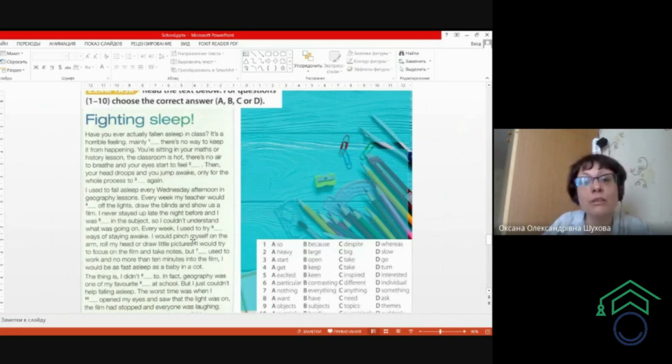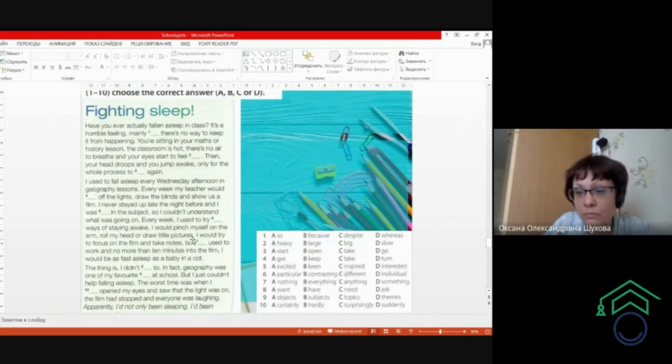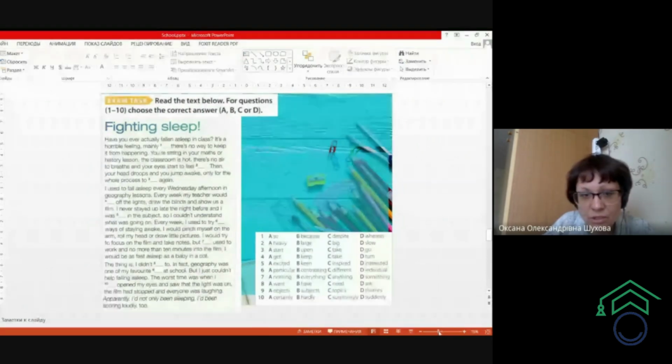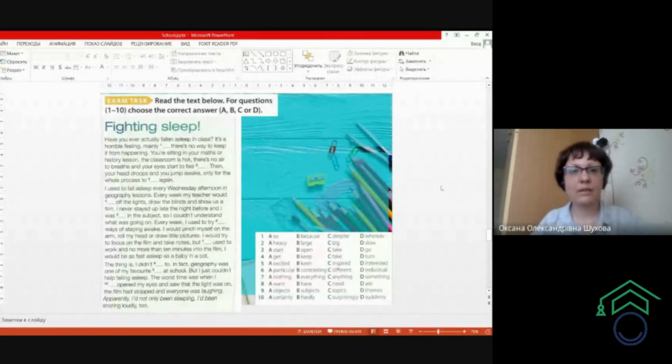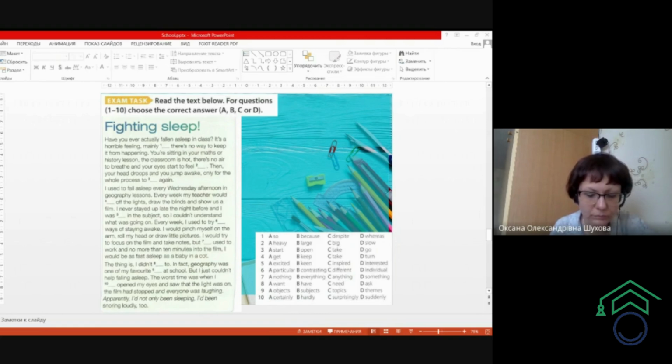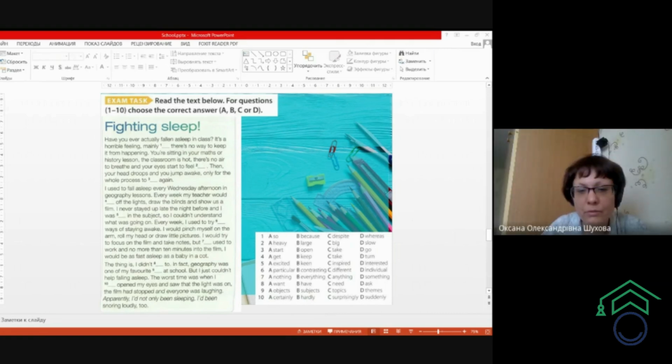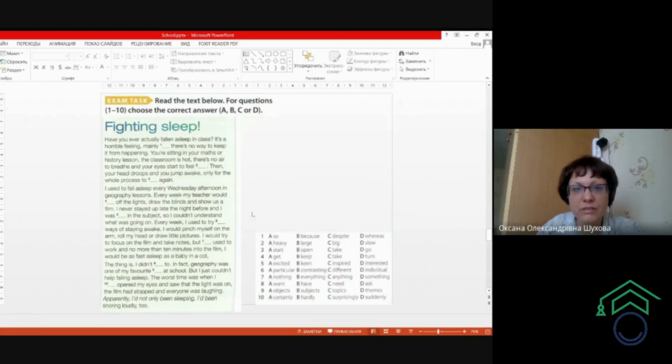Тож, знов-таки, зараз продивіться, будь ласка, текст і скажіть мені, коли ви будете готові. So have a look through the text and then tell me when you are ready. Ready? Yeah. Okay, now let's read the sentences with gaps.